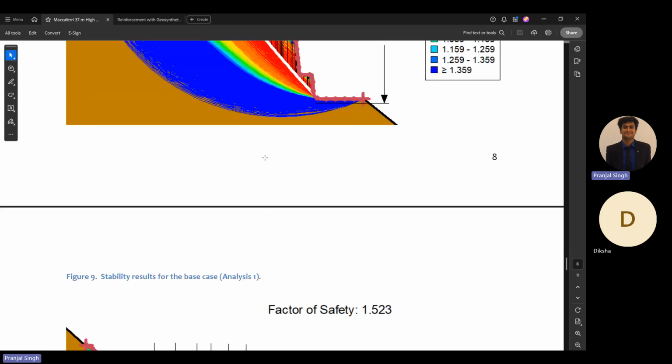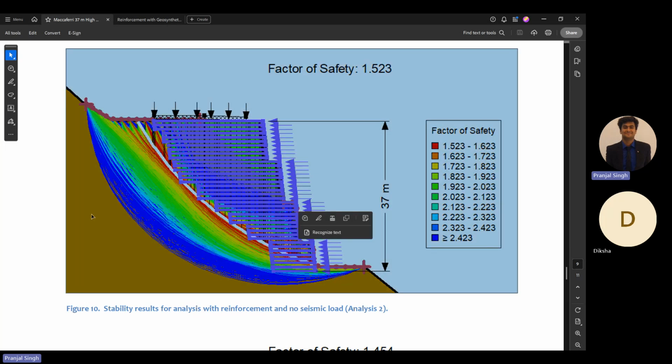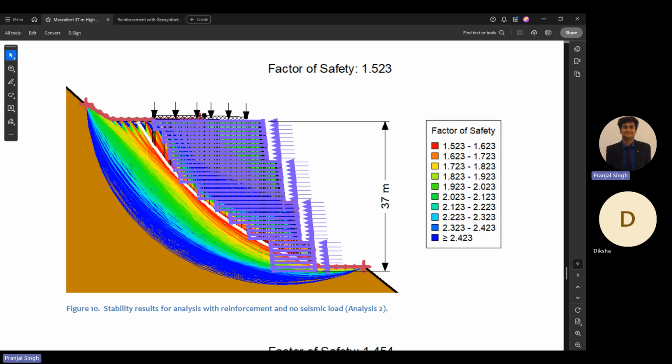So this is when the reinforcement is applied. Here you can see that the failure surface shifts towards the left and almost goes beyond the reinforcement layers.